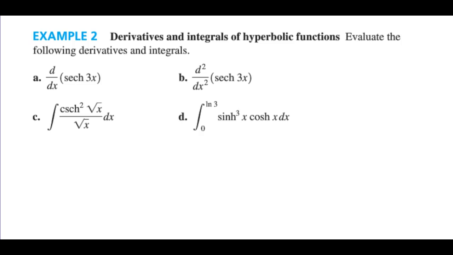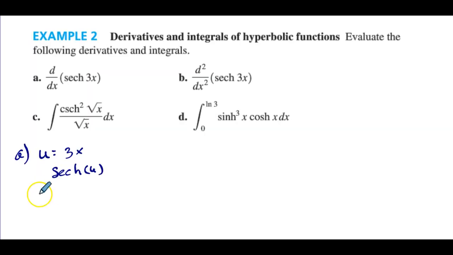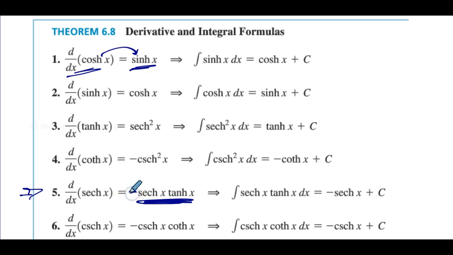So the first example here, part A, we're going to do a u sub again. We're going to let u equal 3x. So I'm really thinking, what's the derivative of hyperbolic secant? And I'm going to come back here and say, aha, it's right here, and I just write the answer. I think there's a negative, yep, a negative floating around.